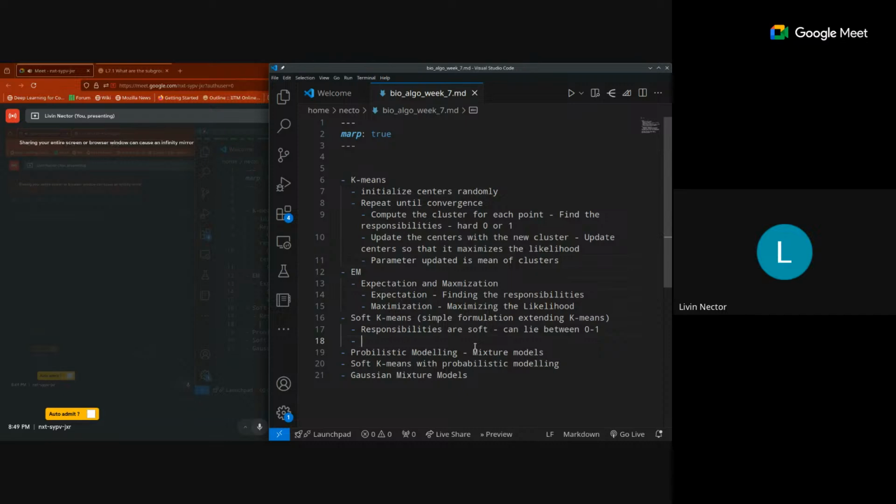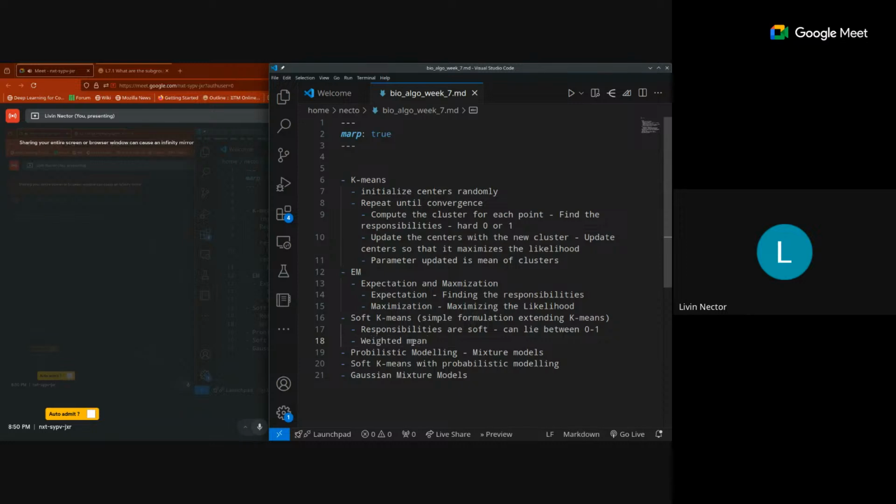But since here the responsibilities are soft, we end up finding the expectation. Basically, this mean is the expected value. So when we do the math and arrive at the maximum likelihood estimation, we arrive at the expected value, which has the formula for the arithmetic mean. Similarly, when we do the probabilistic modeling, we arrive at the intuition that it will be a weighted mean.